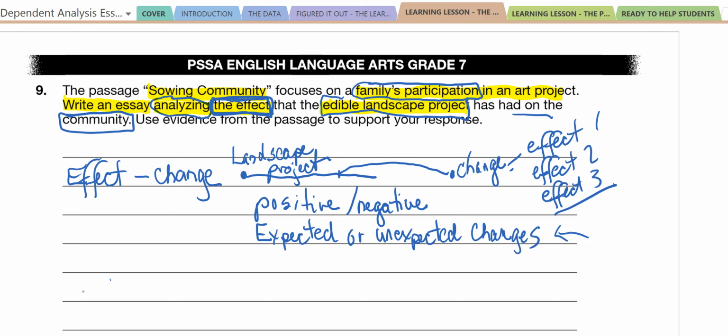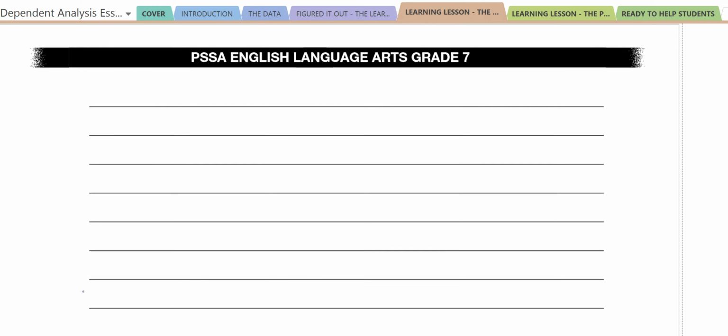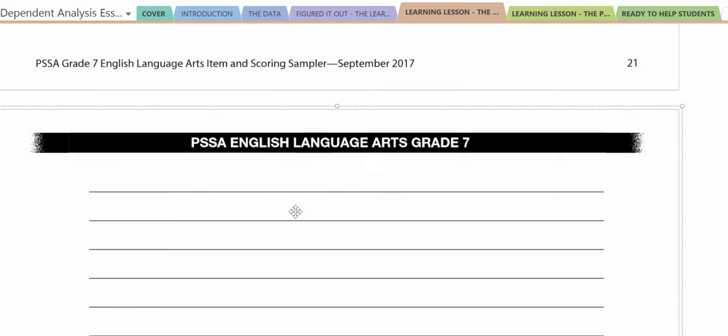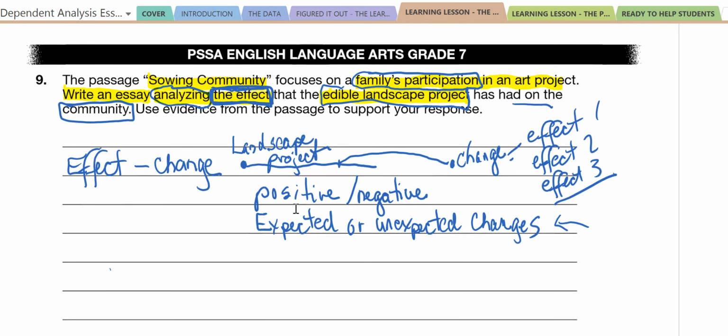Were people kinder? And how do you know that? Were they more helpful? And how do you know that? Were they more supportive? And how do you know that? So you want to give your evidence, and then see if you can put a word with it to explain in a word how you could describe that change.